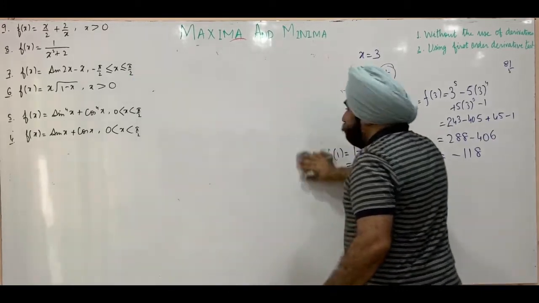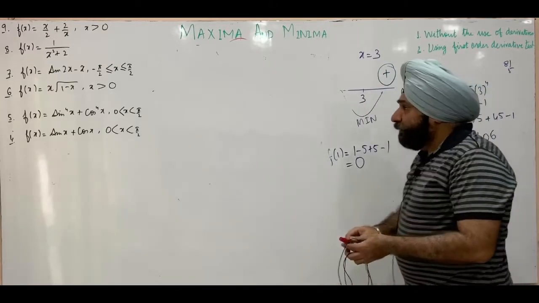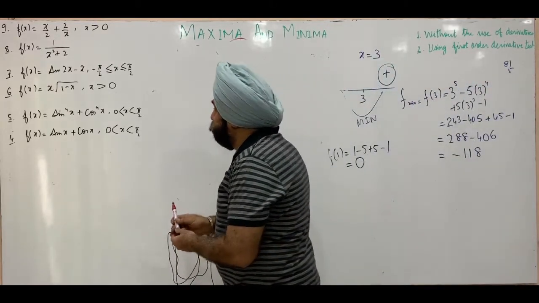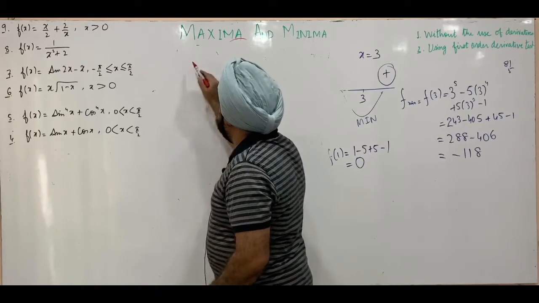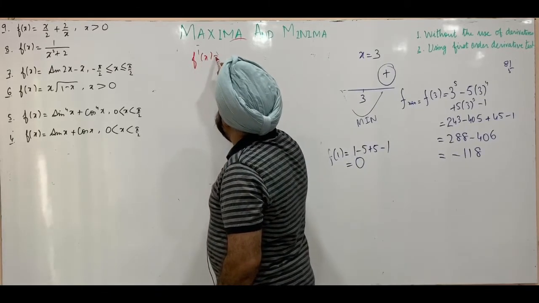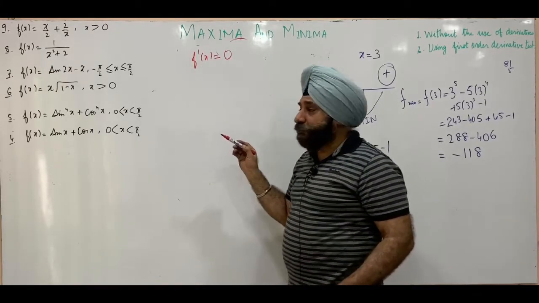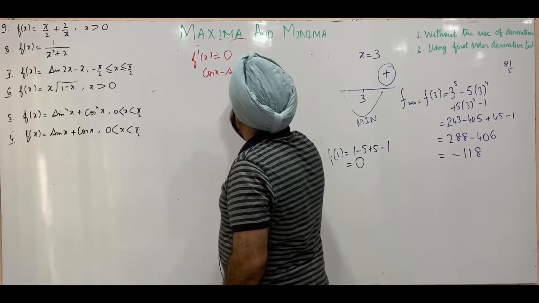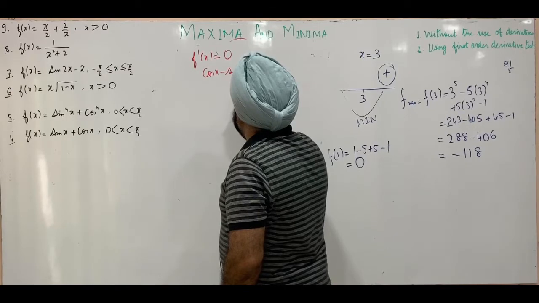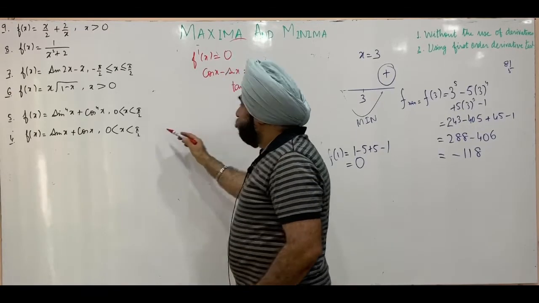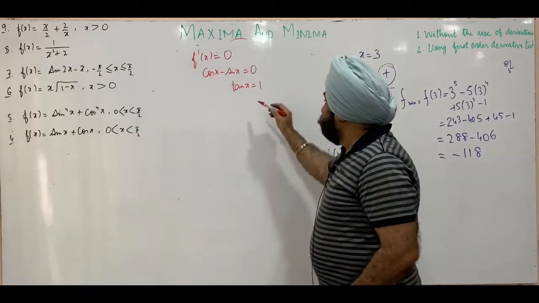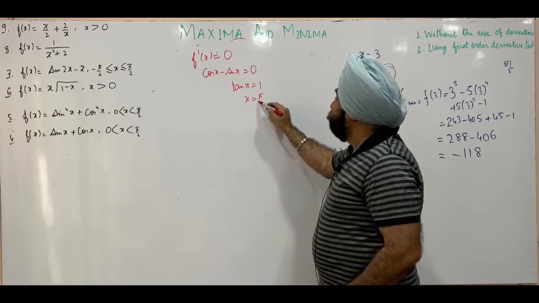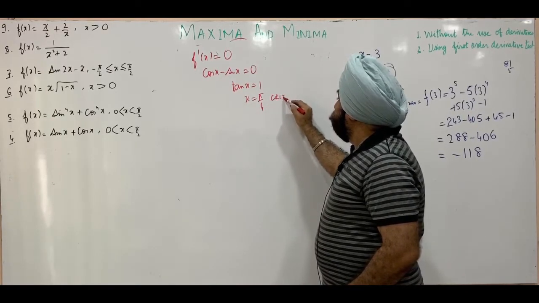The first order derivative here is cos of x minus sin of x. So for critical points we write that f dash of x is 0. This is cos of x minus sin of x equal to 0, or tan of x is 1. In this interval there is only one value, and that is x equal to pi by 4. This is the critical point.